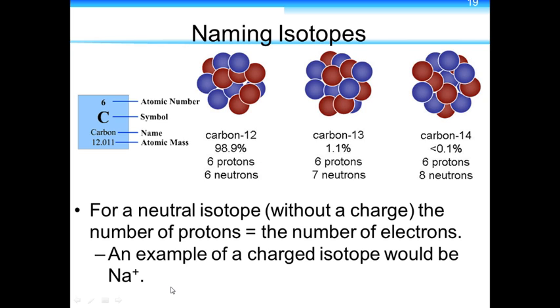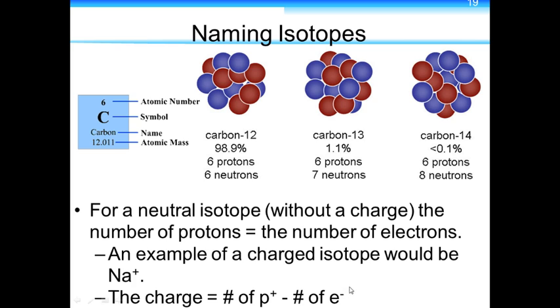If you wanted to look at an example of a charged isotope, it would have to have a plus or a minus number, or a +2 or a -2, along with the isotopic notation. So sodium, since it has a +1, it must have one more proton than electron. So the charge on the atom is going to be the number of protons minus the number of electrons.